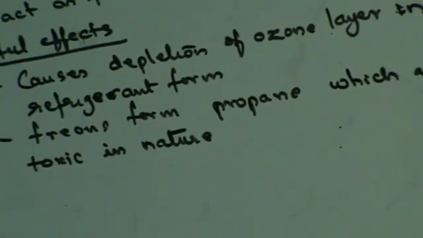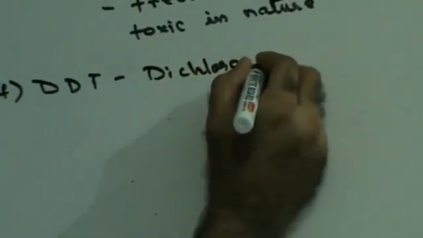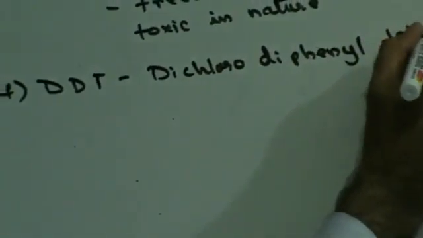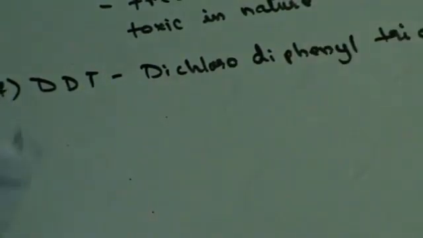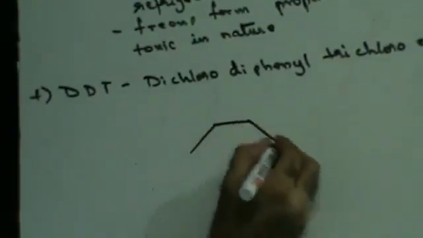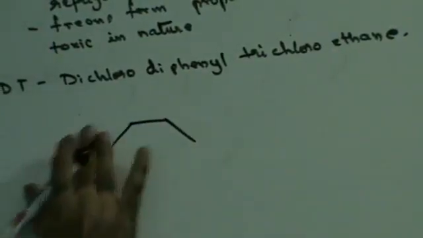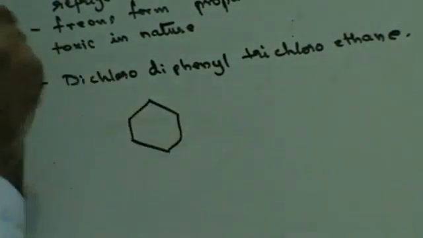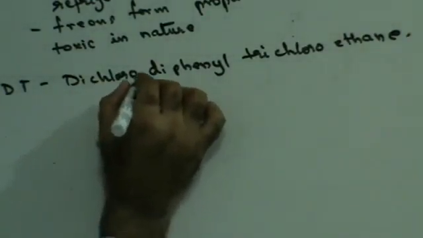This is dichloro diphenyl trichloroethane. How would the compound look like? Dichloro diphenyl. So first of all, I need to have phenyl group. This is my one chloro.